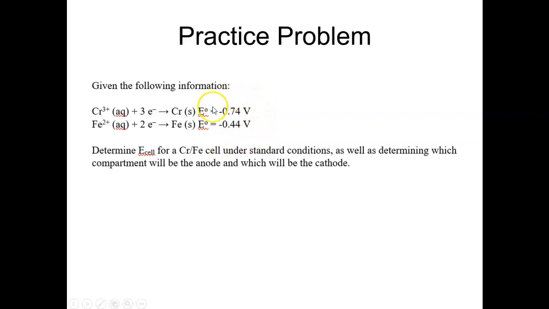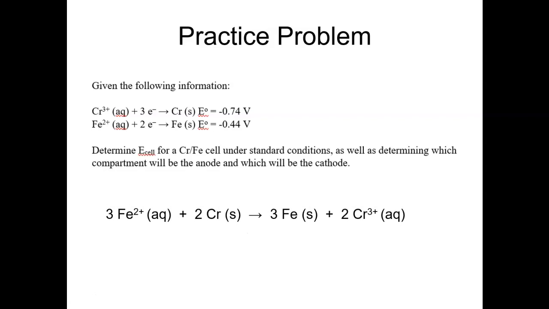So although both of these standard reduction potentials are negative, I can still say that the one for iron is more positive than the reduction potential for chromium. Therefore, iron ions are easier to reduce than chromium ions. Therefore, chromium metal is easier to oxidize than iron metal. Therefore, iron will be the cathode and chromium will be the anode.